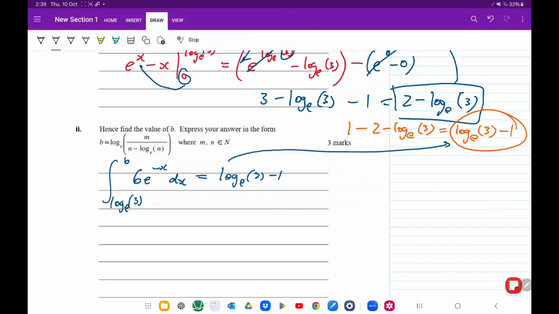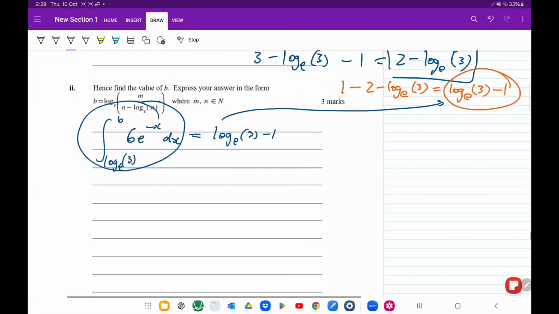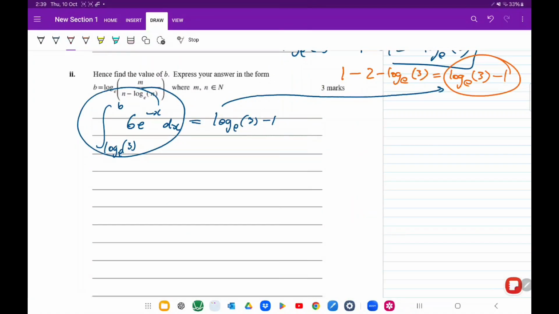So, now that we know that's the case, we're going to evaluate this side first. Let's find the antiderivative of 6e to the power of negative x. The antiderivative of that is negative 6e to the power of negative x, and we can evaluate that from log e 3 to b.